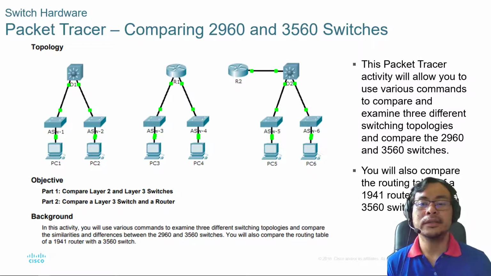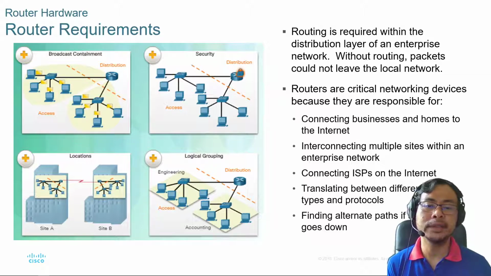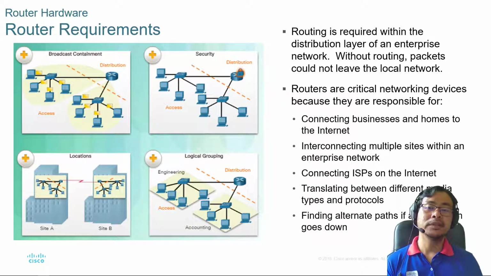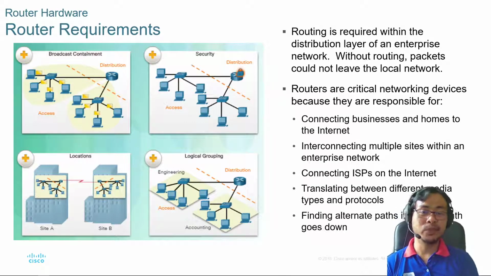Okay, so there's an activity here sa kanya na gawin sa packet tracer. Router requirements. Para saan ba ang router? We want to connect sa bahay na lang, di ba? Our house to the internet. Or your business from one branch to another branch.